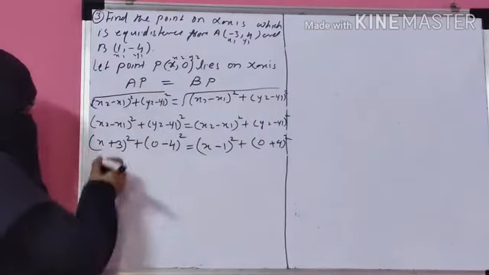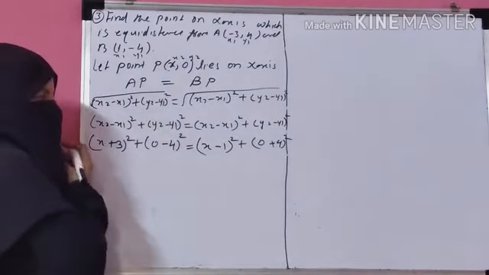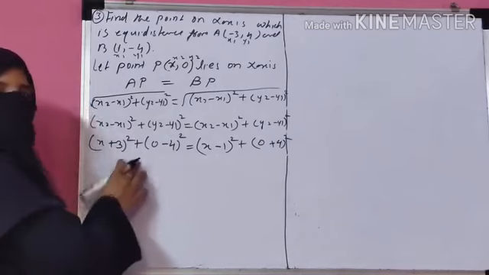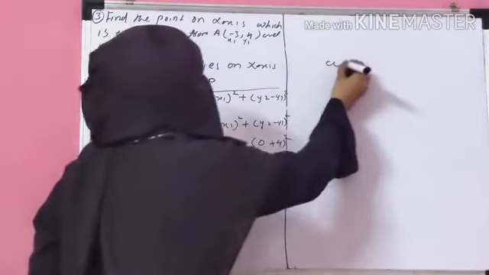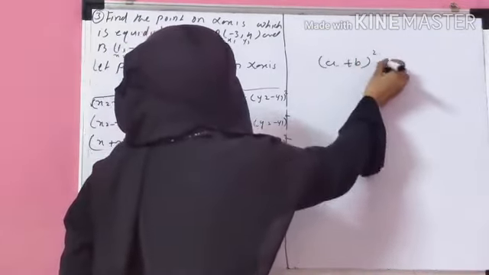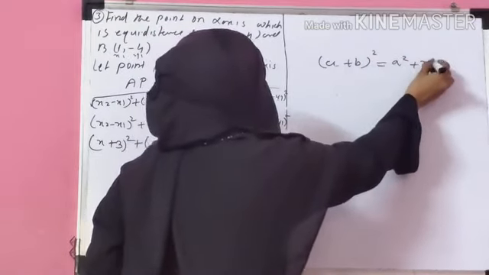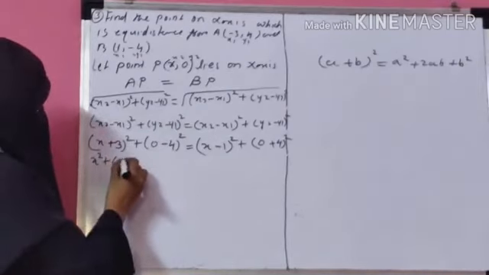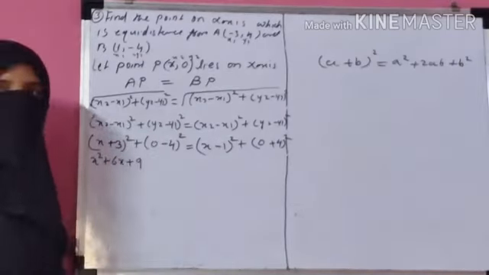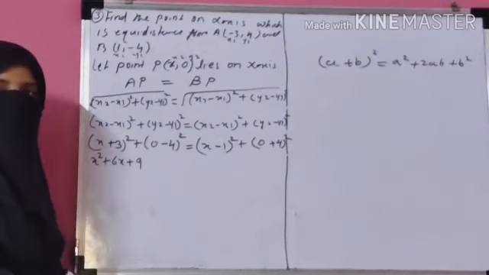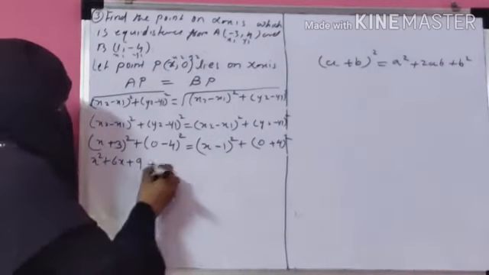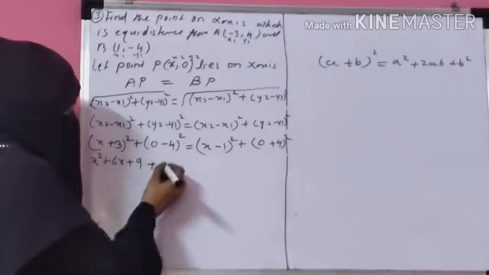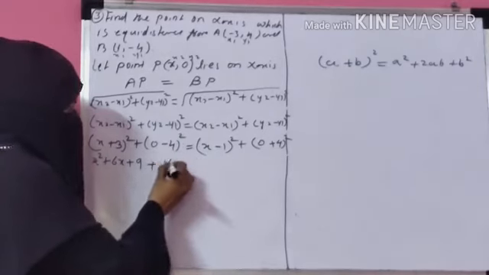Now for (x plus 3) whole square, apply the formula (a plus b) whole square is a square plus 2ab plus b square. So x square plus 6x plus 9, plus 4 square which is 16.